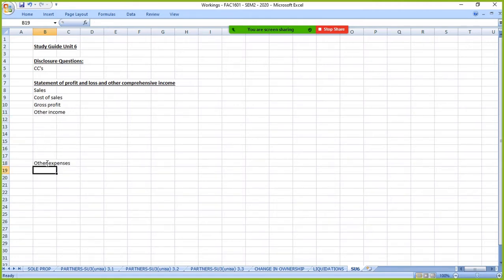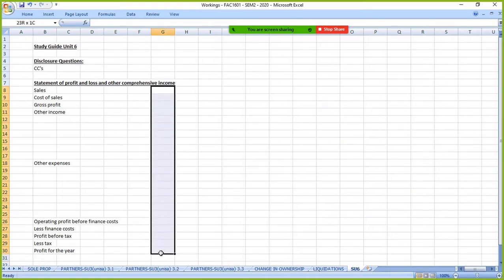Other expenses. Okay, and then we can say operating profit before finance costs, less finance costs, profit before tax, tax, profit for the year. Okay, there's the one statement.